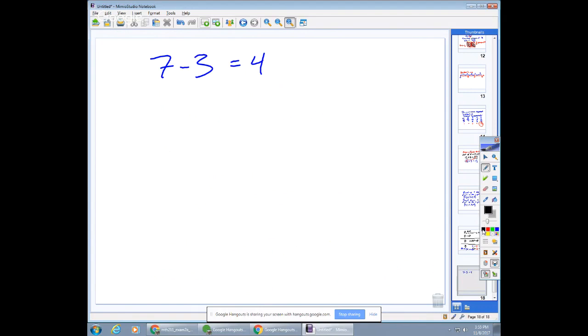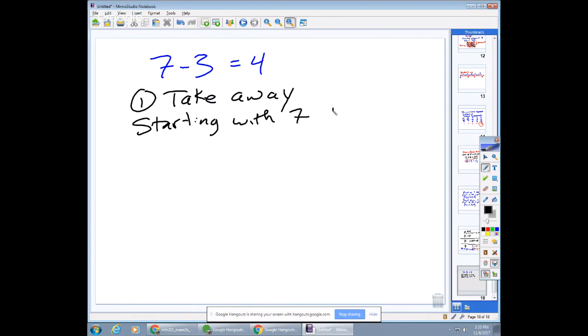So different ways we can model this. The most common way, I think, is takeaway. So starting with 7, take away 3.